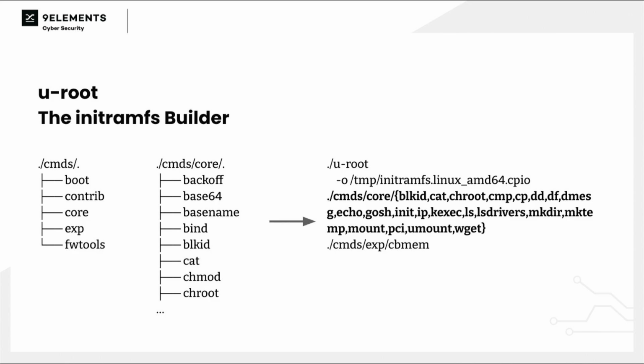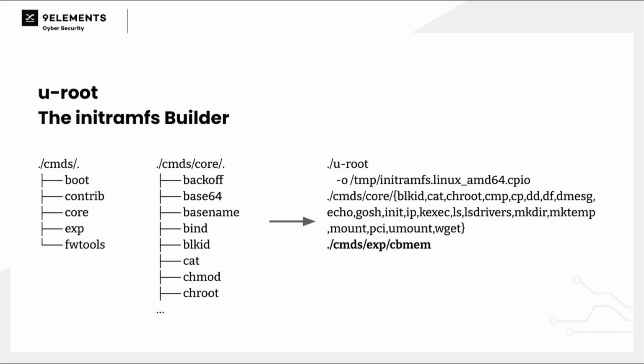In that case, I said, okay, I need blkid, cat, chroot, cp, dd, and these kinds of commands as binaries in my initramfs. And I add another command from the experimental folder, which is cbmem, because I'm working with coreboot, and I want to access the coreboot memory, the coreboot tables.